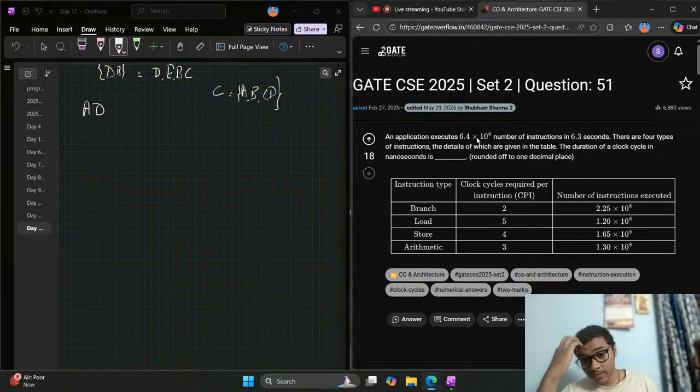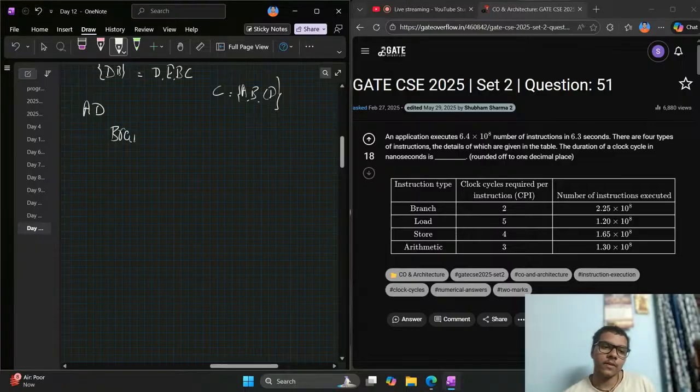So the total number of instructions is 6.4 into 10 power 8, and this is the distribution of instructions. This branch instruction is going to take 2 clock cycles per instruction.